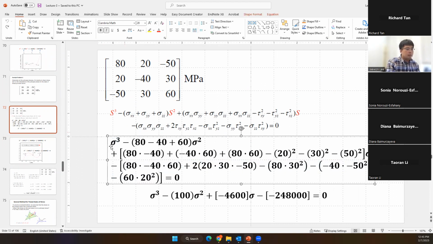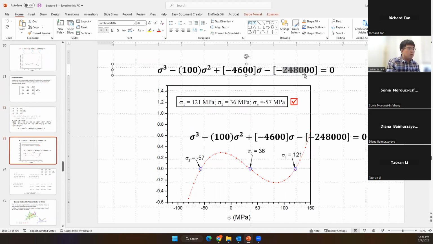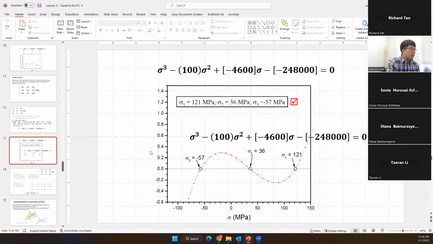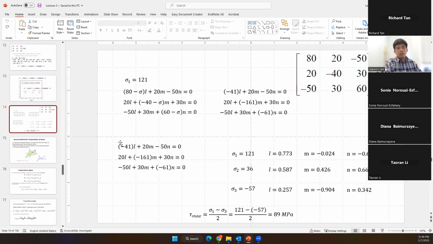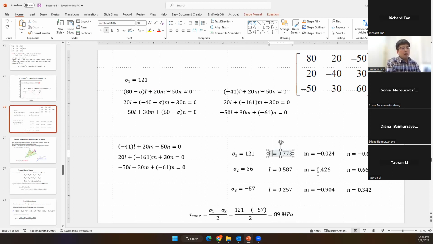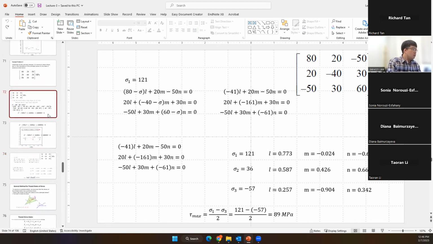At the time, we get this value, and we can calculate sigma. There's stress 1, stress 2, and stress 3. And then, according to stress 1, stress 2, and stress 3, we can calculate it. R and the center are related to the cosine of theta 1, theta 2, theta 3.